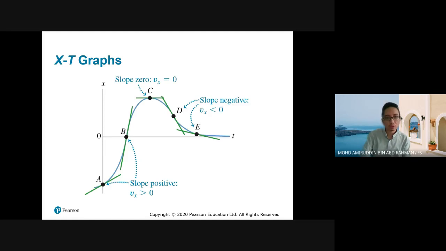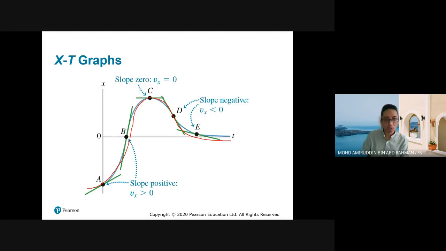So we look at a different view of the graph. Let's say the object is moving like this, going from A to B and to C, D to E. So you are measuring the instantaneous velocity.